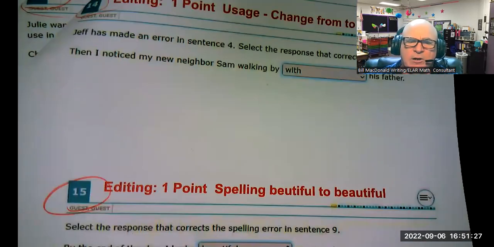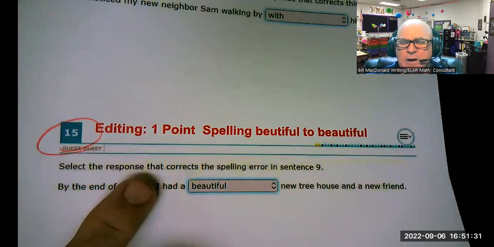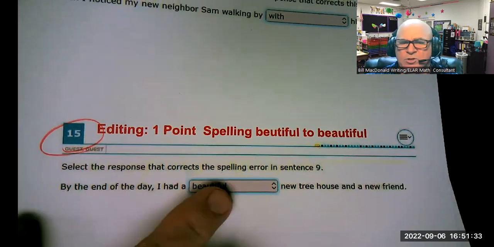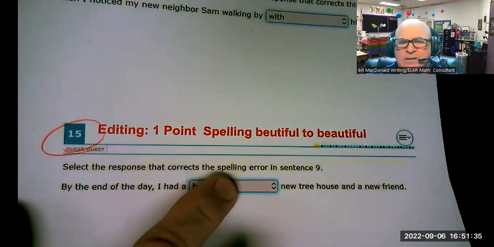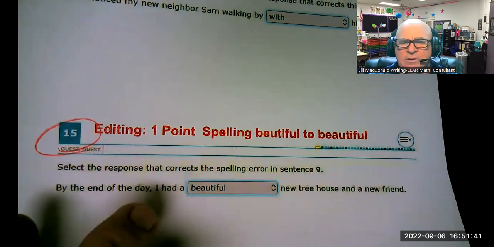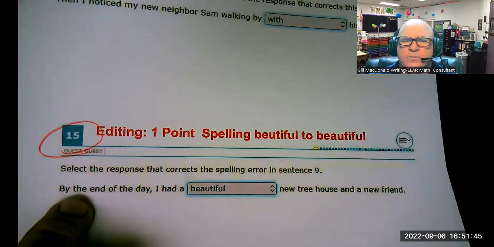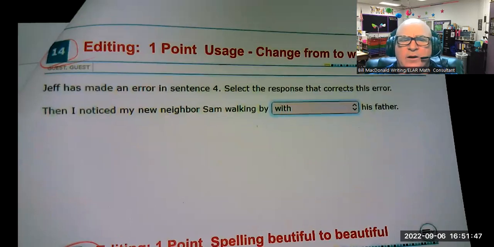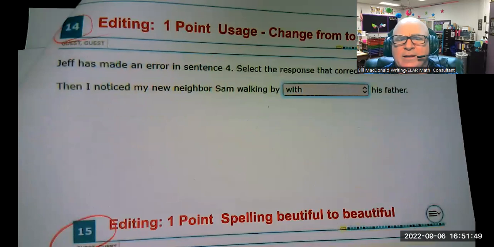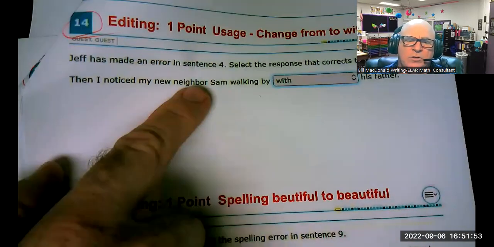Select the response that corrects the spelling error, so it automatically says whether it's capitalization, usage, punctuation, or spelling in sentence 9. And so I only have to look at sentence 9. I don't have to look at the entire passage or even an entire paragraph. So that's the cool thing about editing. You just look at the one sentence that they're asking you to look at.